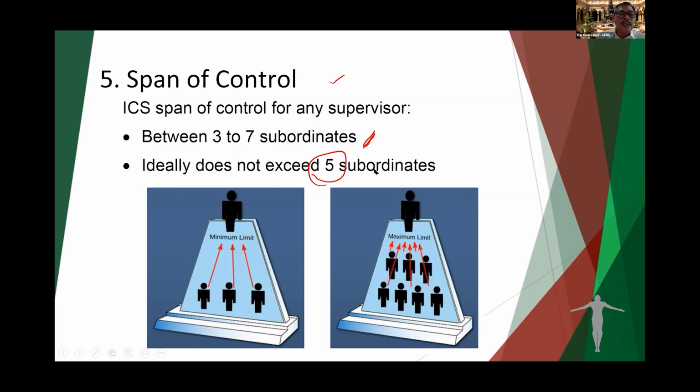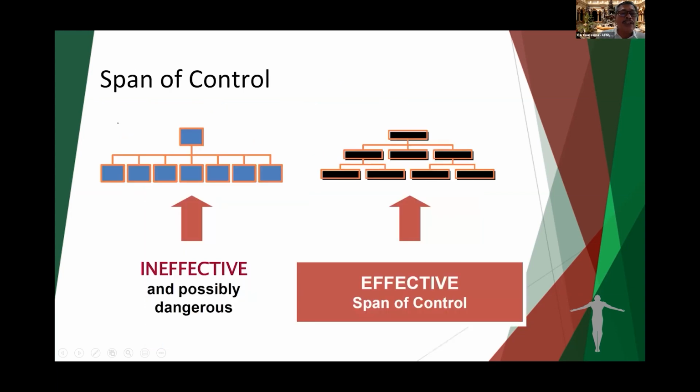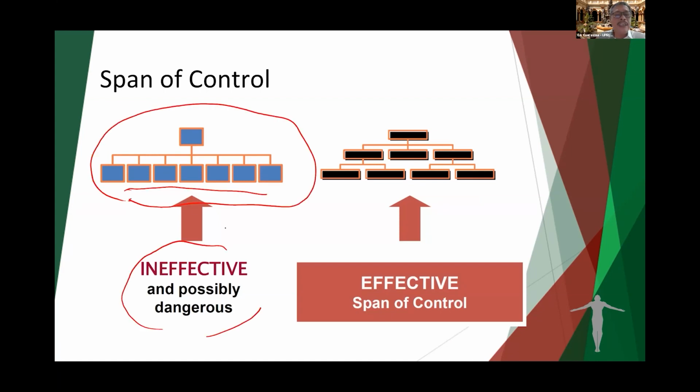Now, if you have a structure like this where the supervisor has so many subordinates, this structure may be ineffective and possibly dangerous. To have an effective span of control, the IC, for instance, will only have 3 to 7 persons under him, and each supervisor will only have 3 to 7 persons under them. You have a more effective span of control.